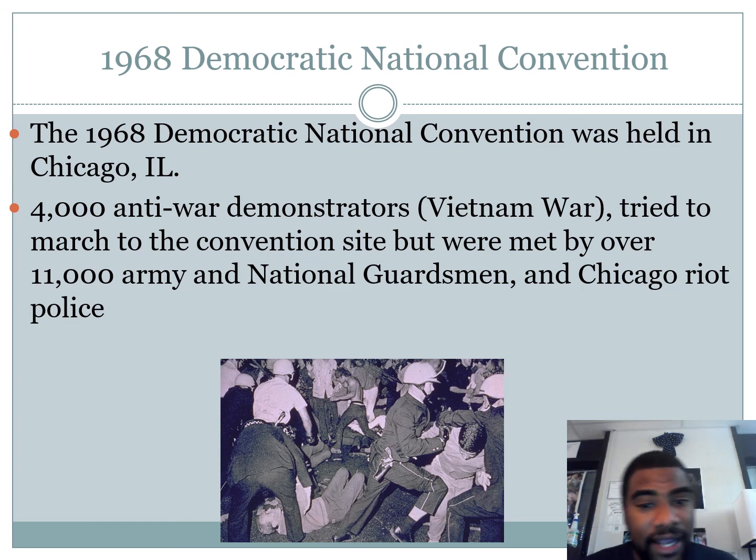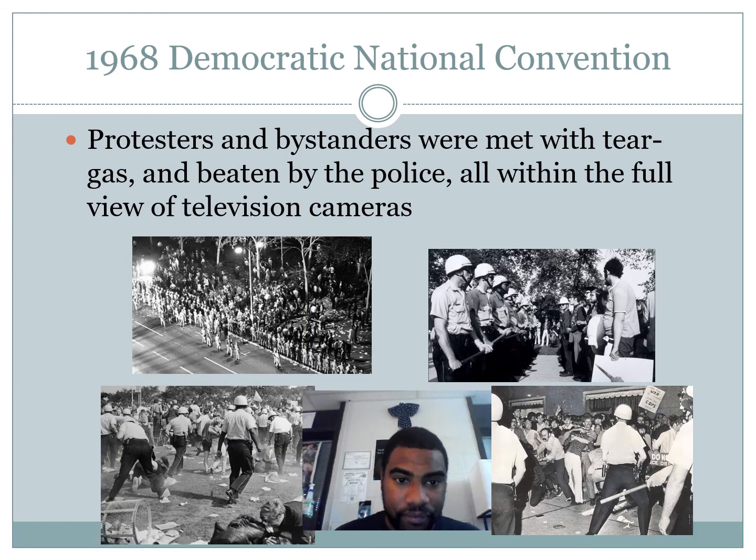The 1968 Democratic National Convention was held in Chicago, Illinois. There were 4,000 anti-war demonstrators against Vietnam, of course, that tried to march to the convention site, but were met by over 11,000 Army and National Guardsmen and Chicago riot police.